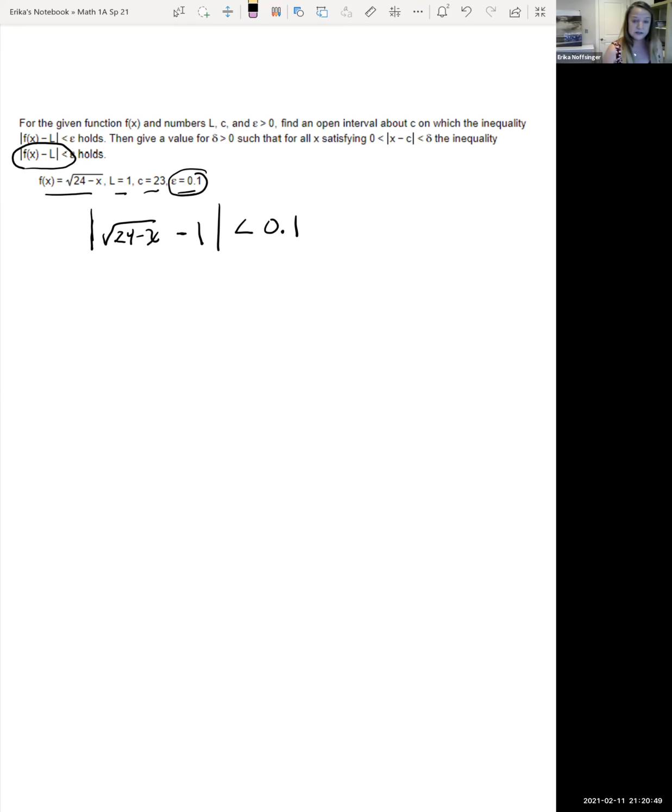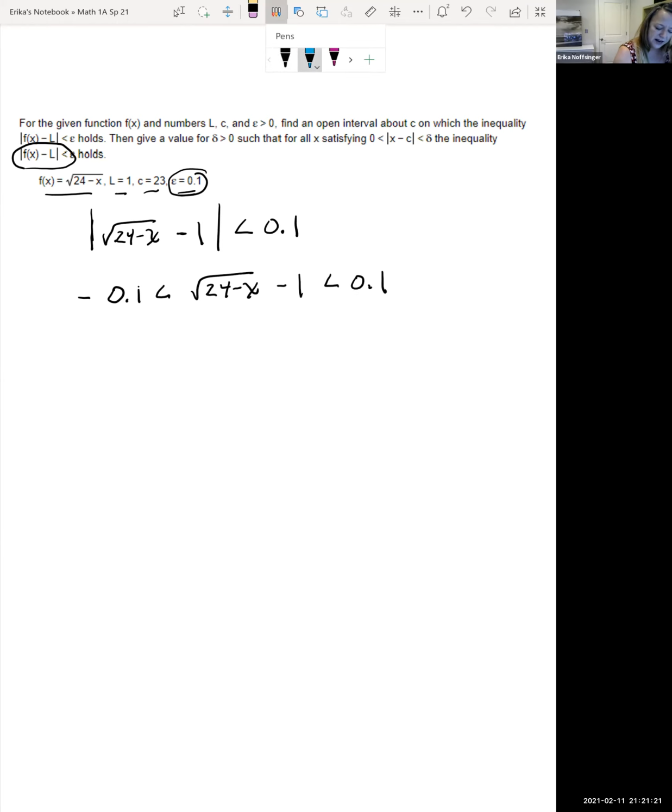Okay, so let's first start by rewriting this without the absolute value. So to drop the absolute value of an inequality that is a less than, you kind of sandwich it in between the negative and the positive. So negative 0.1 is less than the square root of 24 minus x, and then minus 1 outside that radical, is less than 0.1.